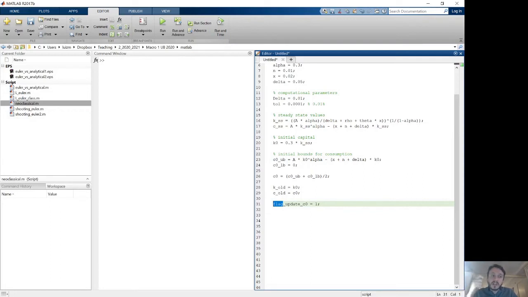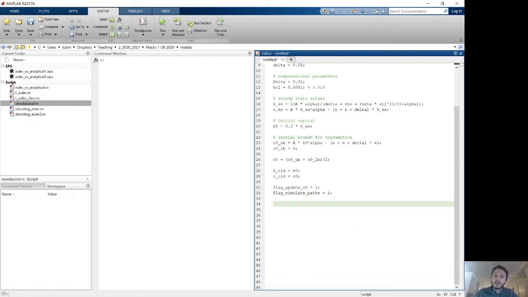We're telling MATLAB, look MATLAB, continue updating C0. The flag is up. But then if we don't want MATLAB to continue doing this, we put the flag down. But we start with the flag up because we want MATLAB to do it. So we have a flag for MATLAB to update the initial consumption, and another flag to simulate the paths of consumption and capital. Okay? And we have the following pieces of code now.